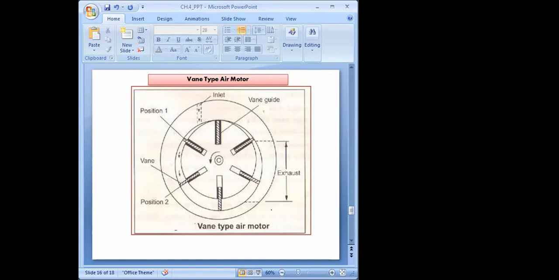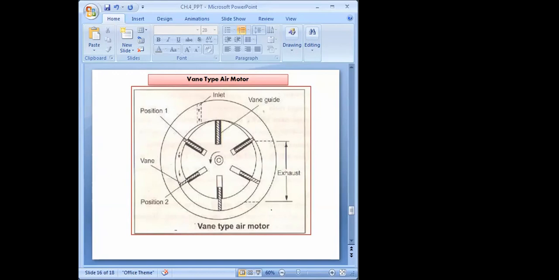Those are the most commonly used air motors. There are other types too, but the most common types are these.